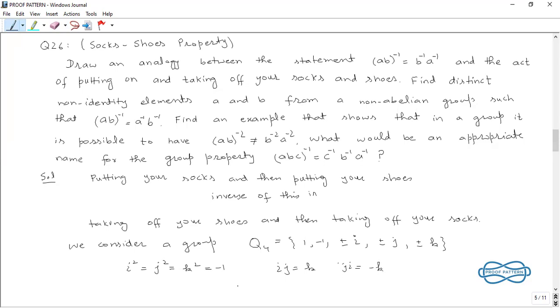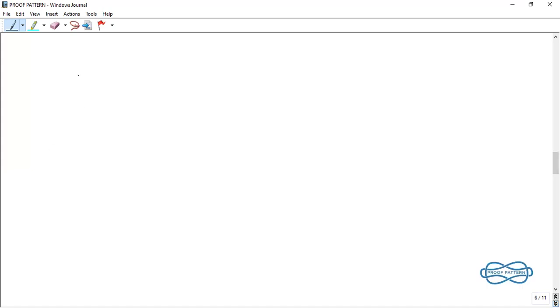And similarly, jk is equal to i, but kj is equal to minus i, and ki is equal to j, and ik is equal to minus j. Now we take A equal to minus 1 and B equal to i from this quaternion 4 group.